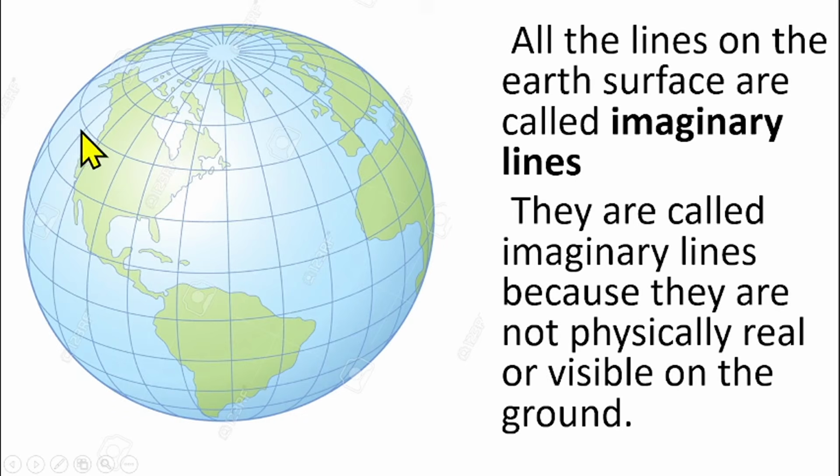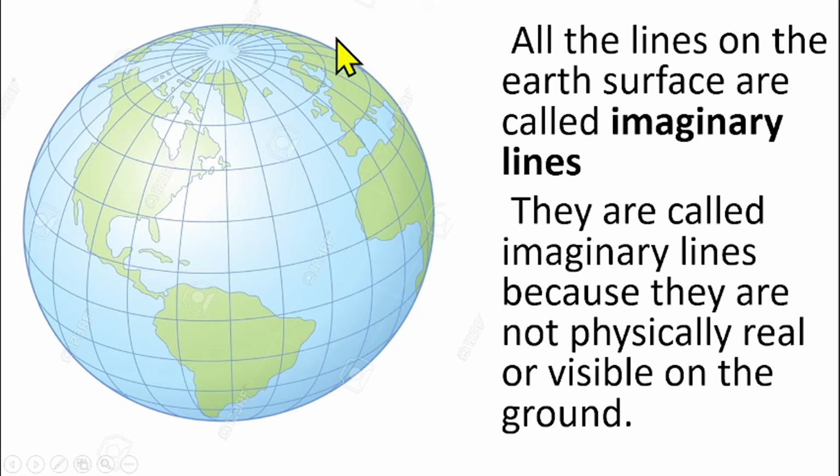So that means we can say that the lines of latitude are horizontal, while the lines of longitude are vertical lines on the Earth's surface. So you should be able to differentiate between these two lines, although all of them together are called imaginary lines, because they are not physically real. Having known that, we should be able to identify which one is a line of latitude and which one is a line of longitude.